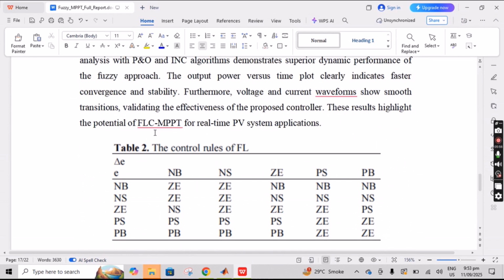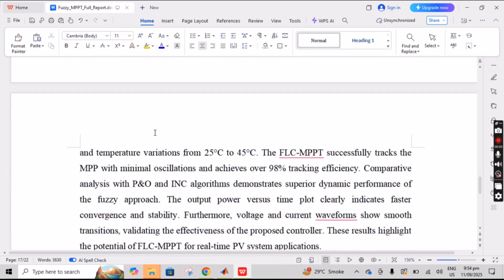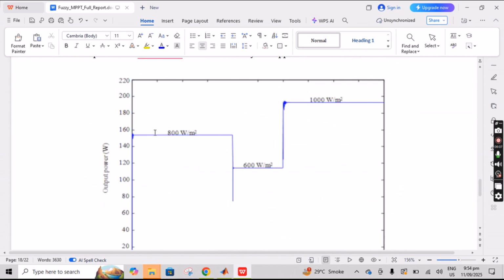This complete structure shows the flow control rules of fuzzy logic and its implementation. This is the change in output power of the PV system due to change in irradiation, the intensity of light.